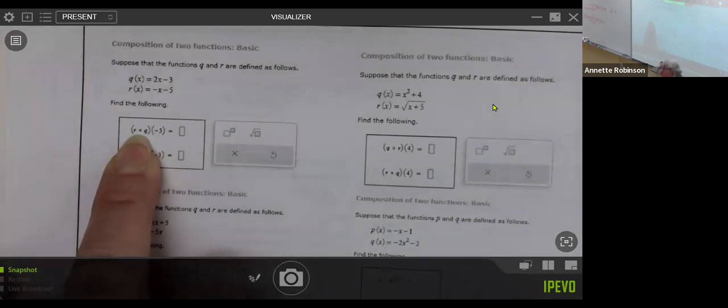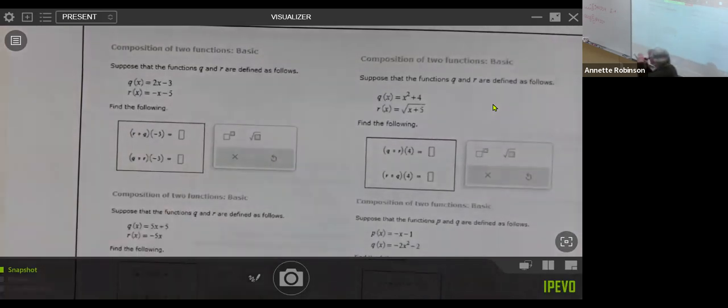That is the symbol for composition. Composition looks backwards. You plug in, you plug in.